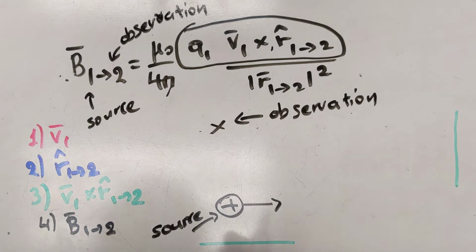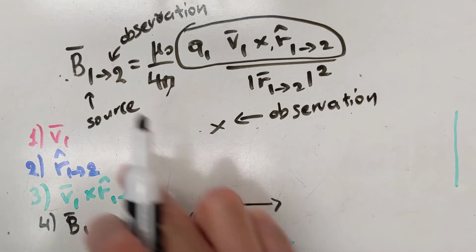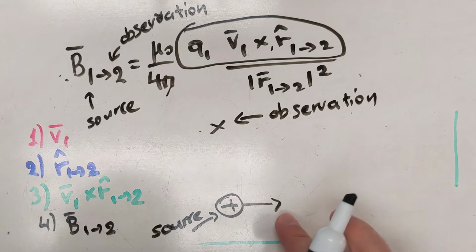Now, I said that my charge is moving to the right. This is the charge that creates the magnetic field here. This is 1, and V1 is the velocity of this charge.